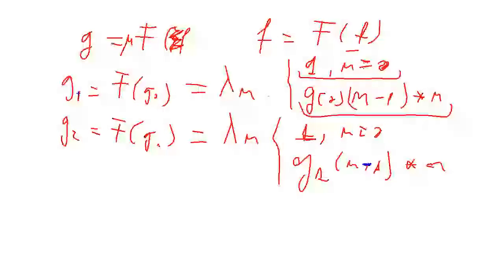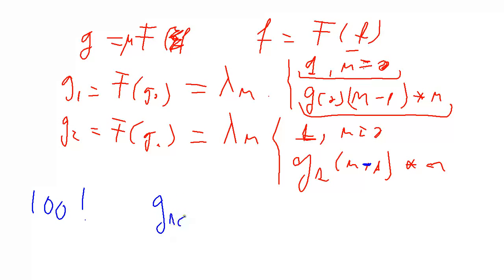So what if I want factorial of 100? What I want to compute, from a practical point of view, is factorial of 100. Well, I would need G101 here, but G101 can be easily computed as this chain.